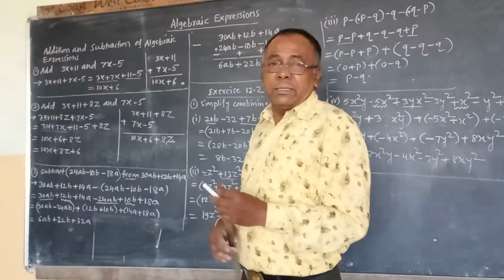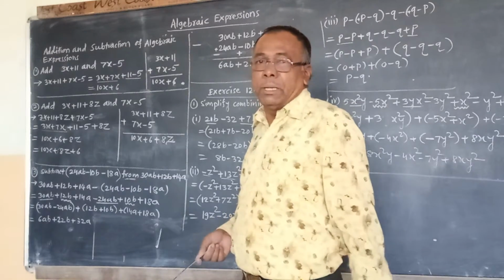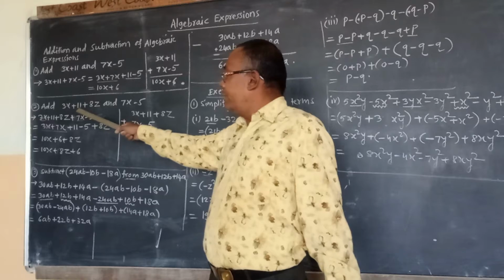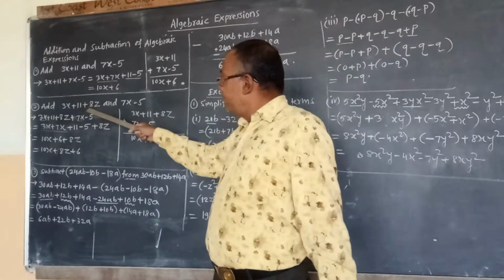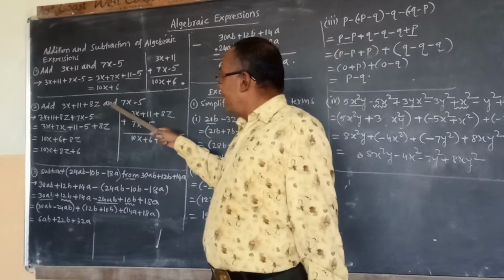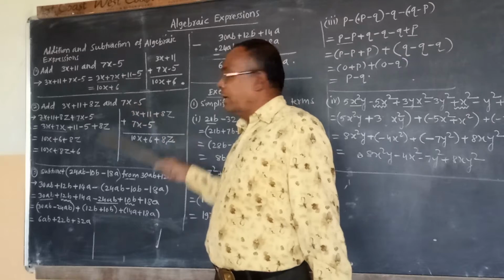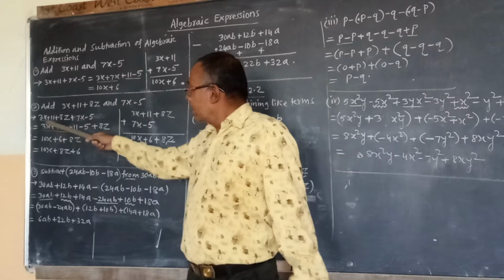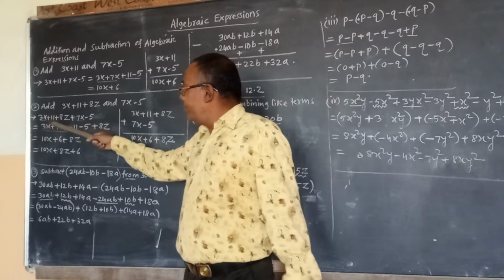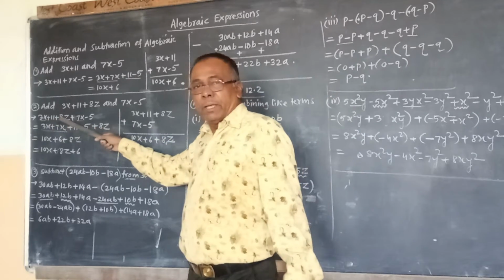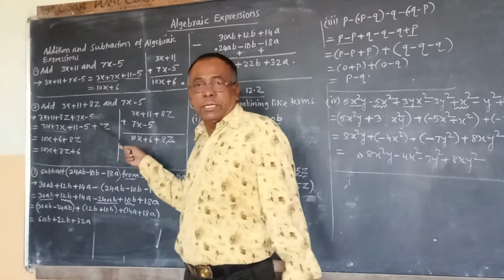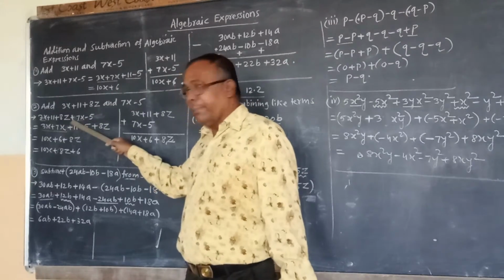Now we will see the second example: add 3x plus 11 plus 8z and 7x minus 5. Again 3x plus 11 plus 8z is the first expression, and 7x minus 5 is the second expression. We are going to add them.